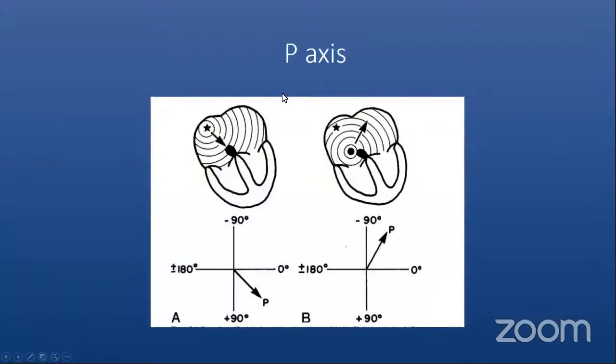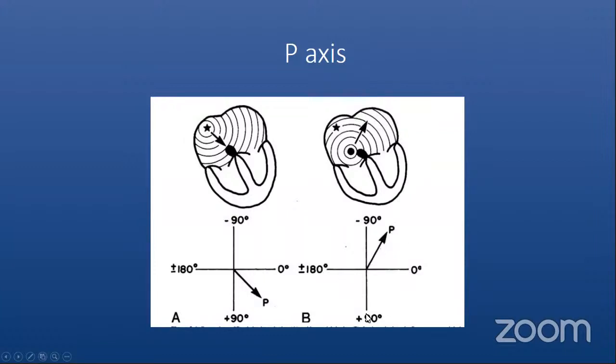And looking at the P-axis, it is calculated the same way as I said to you. Normally, it starts from the right upper region. Mainly, that is the normal quadrant of the P-axis, anything between 0 to 90. So if the P wave is positive or upright in lead 1 and negative in AVF, it will be in that quadrant, that is the low right atrial region.